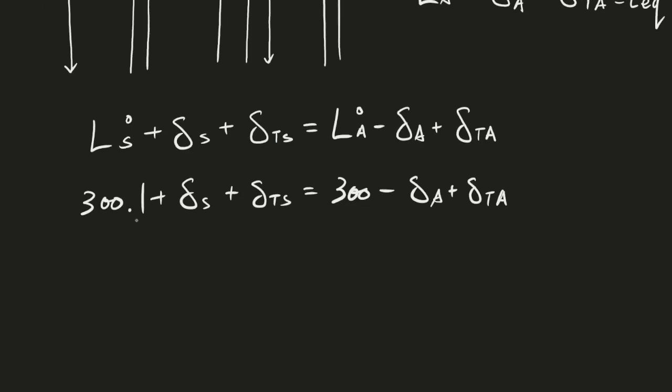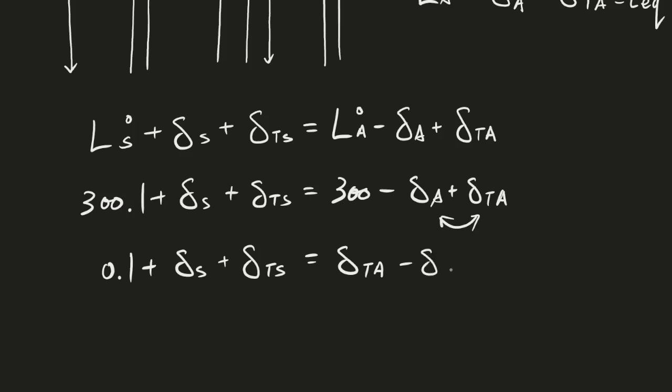We can get rid of 300 on both sides, so we're left with 0.1 plus delta S plus delta TS. And let's switch these terms around. So you get delta TA minus delta A. And this is our deformation relation, and we'll call that equation 2.